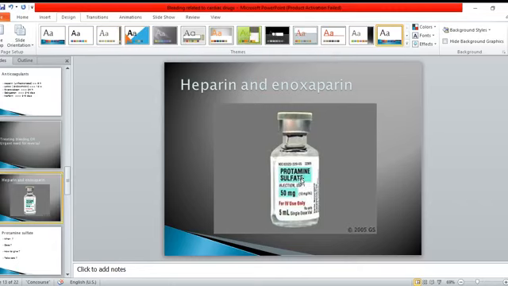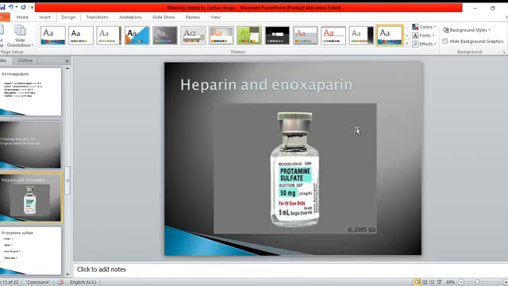First, we have to note about protamine sulphate that we don't give it unless there is bleeding. So we don't give protamine sulphate just because the APTT is very prolonged or something like that. Only if we have bleeding related to heparin or enoxaparin, we can reverse with protamine sulphate.